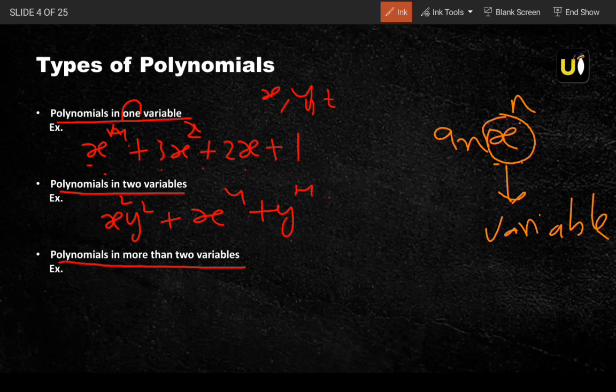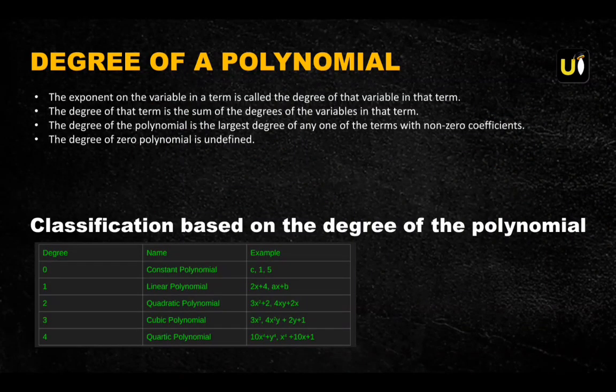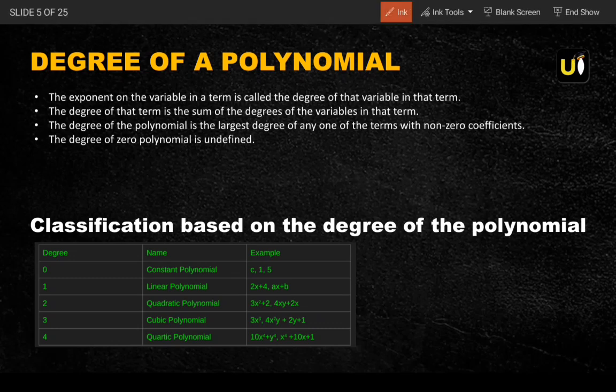So now let's discuss the degree of a polynomial. What is the degree of a polynomial? The exponent on a variable in a term is called the degree. So for example, we have discussed before, we are given a term a_n x^n. So this exponent of the variable is termed as the degree. Okay.